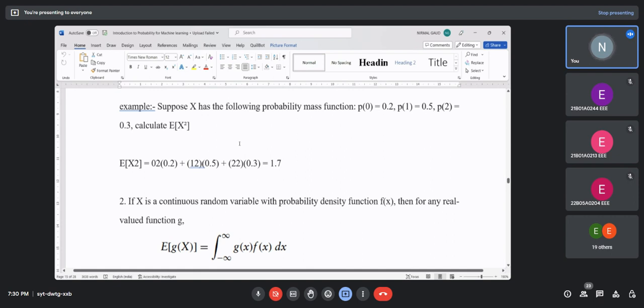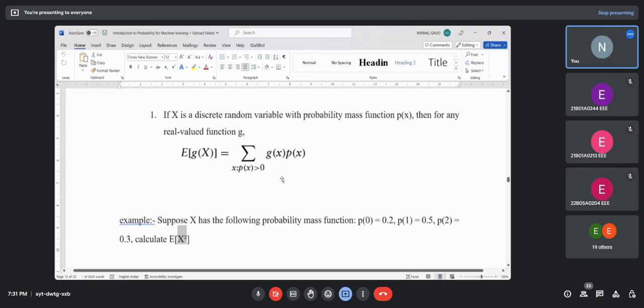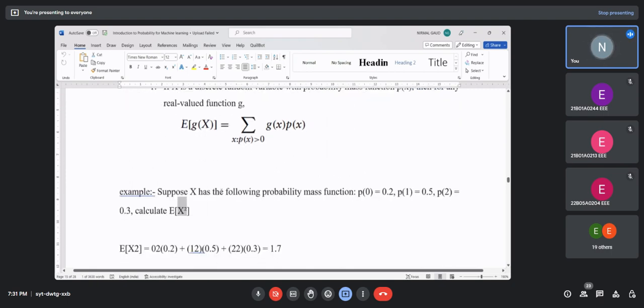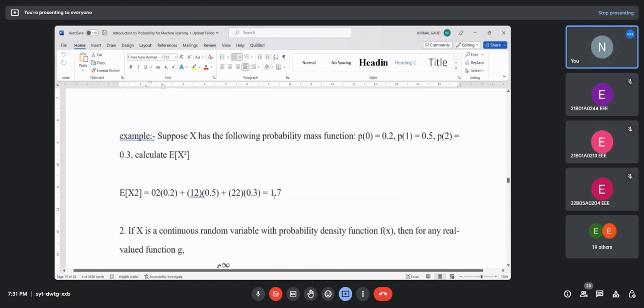Suppose, for example, we have a probability mass function like this: p(0) is 0.2, p(1) is 0.5, p(2) is 0.3, and I need to calculate E[X^2]. This is the probability mass function for a discrete random variable.